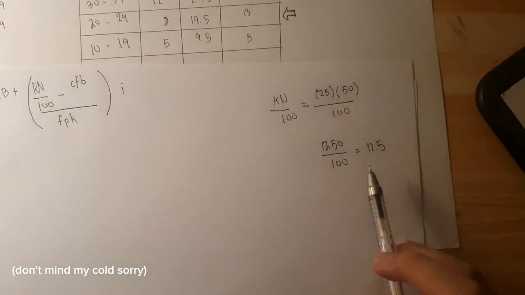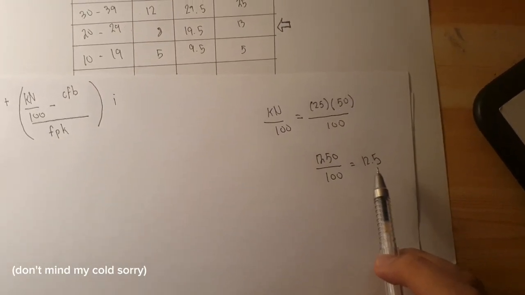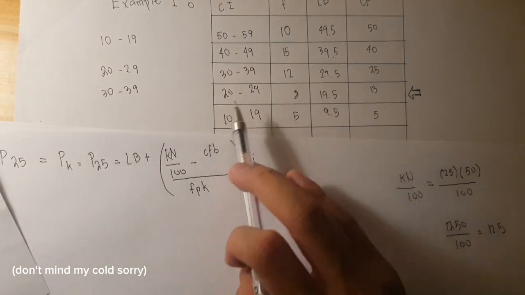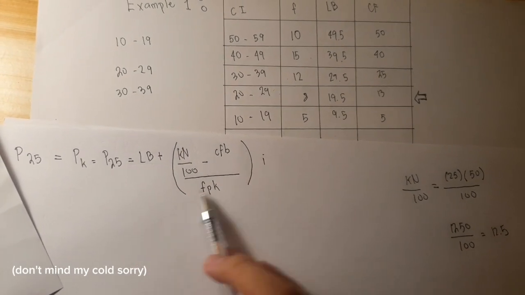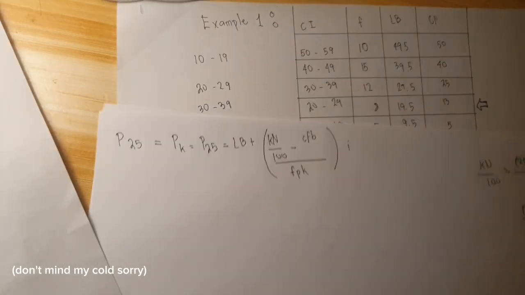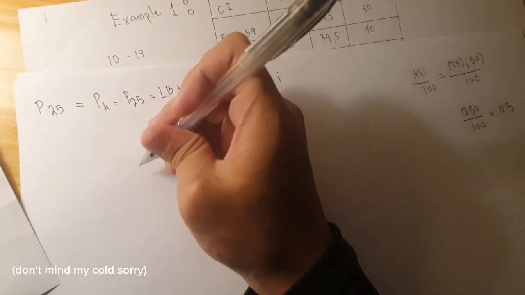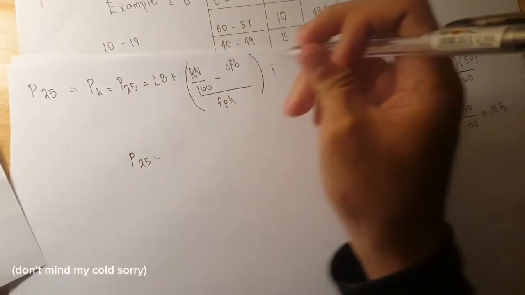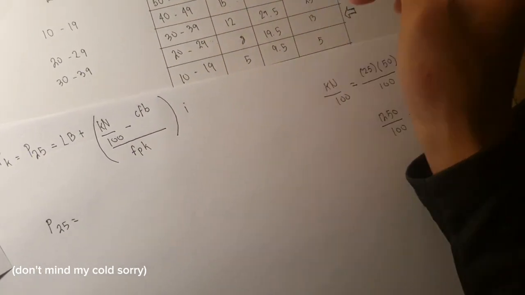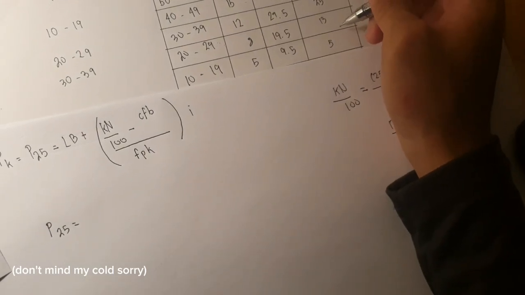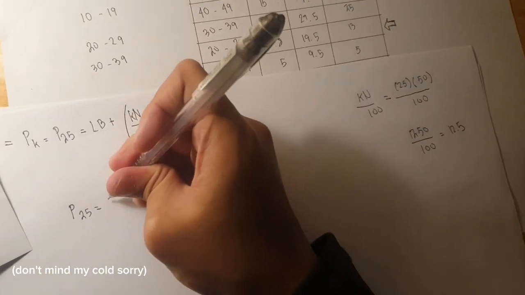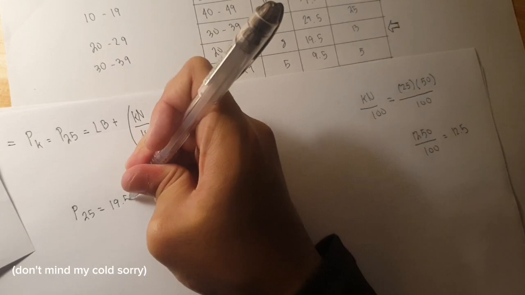Now we can substitute the given letters. P25 equals the lower boundary of the 13, which is 19.5.